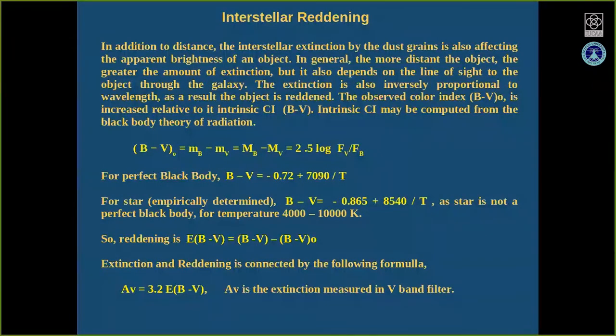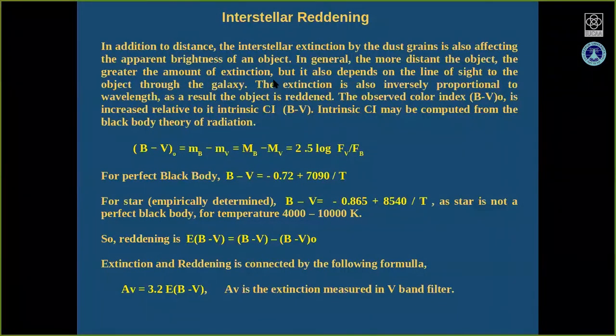If you are going for absolute magnitude, then there is no issue. It is independent of distance. But if you are going for apparent brightness or apparent magnitude, it is a function of distance. Apart from distance, interstellar extinction is also playing a very crucial role. In general, the more distant the object, the greater the amount of extinction, right?